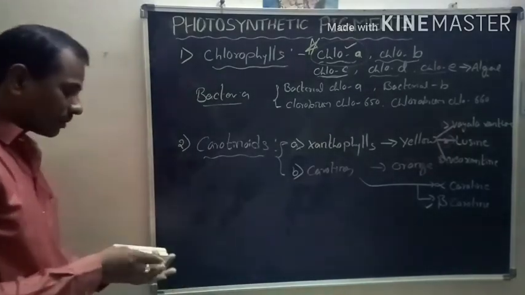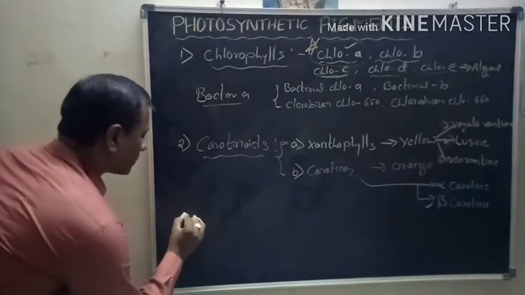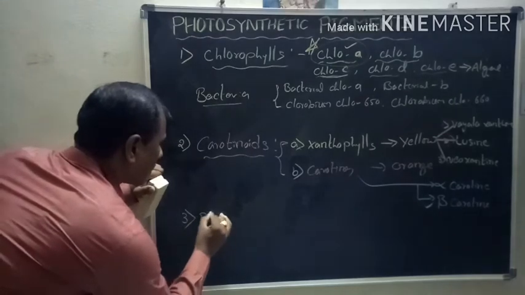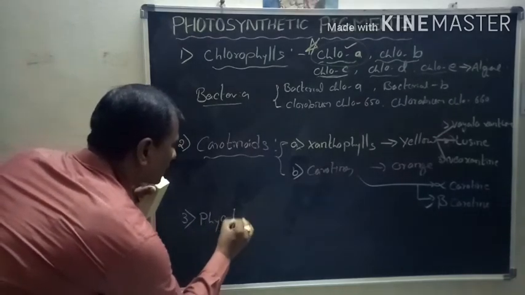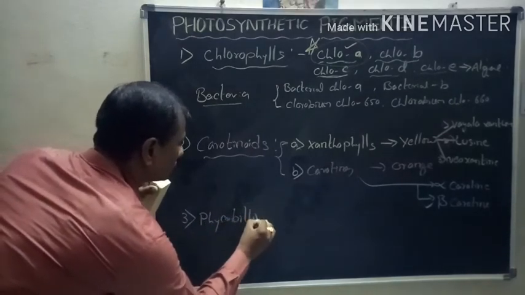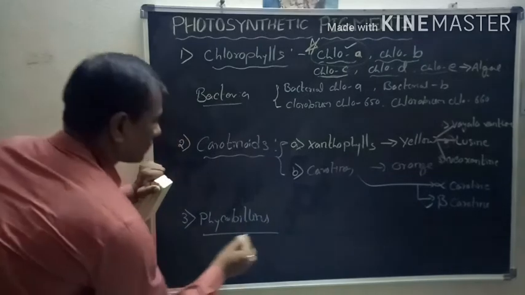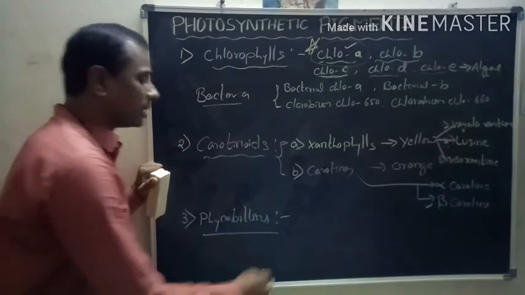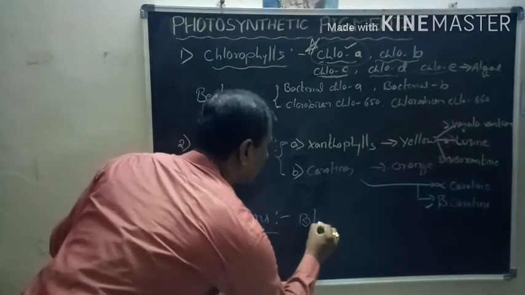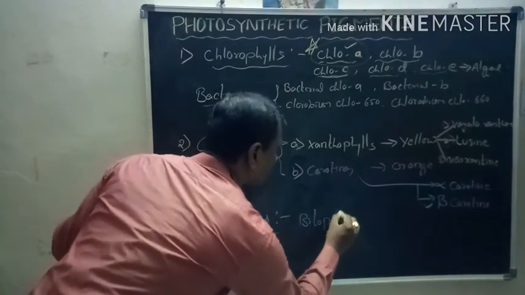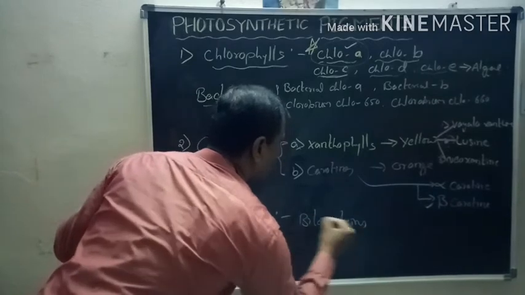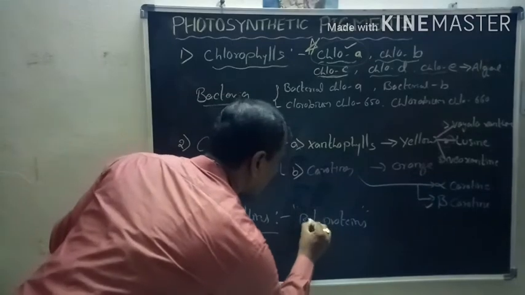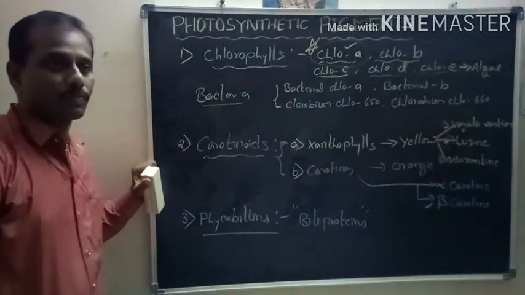Then the third type of pigments, those are phycobilins. The third type of pigments are phycobilins. These are called biliproteins.